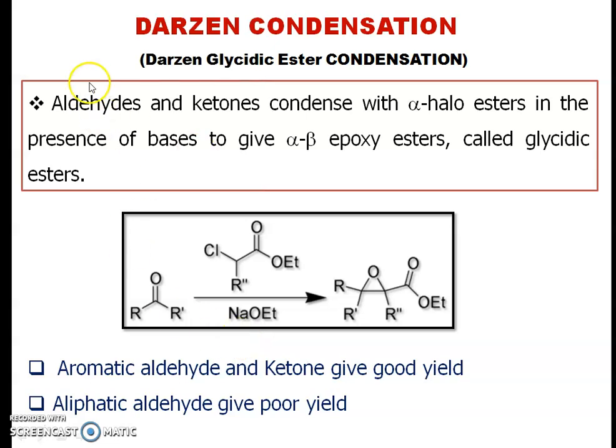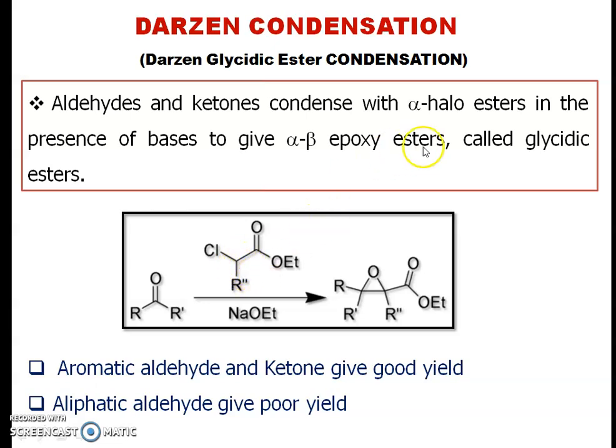The next condensation reaction is the Darzens condensation. It is also called the Darzens glycidic ester condensation. In Darzens, an aldehyde or ketone can condense with an alpha halo ester. This is an ester, and at the alpha position you have a halo group, along with one active hydrogen.